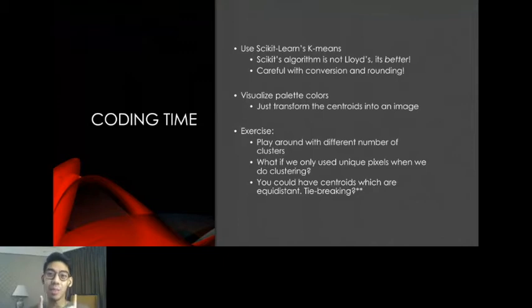Scikit-learn does not implement Lloyd's algorithm. It's actually a bit better. I think it's called k-means++. It's a bit more careful with how it starts the clusters, because there's stuff that could happen if you don't start clusters properly. We're going to visualize the palette colors as well. I've got some exercises, but feel free to look at the slides when you have free time and try these yourself.